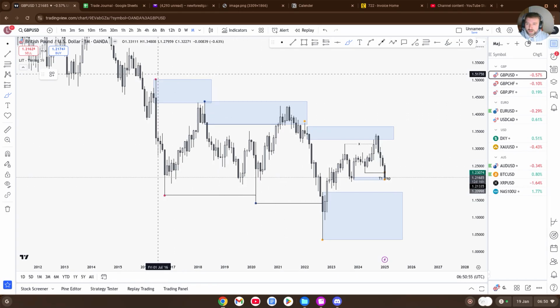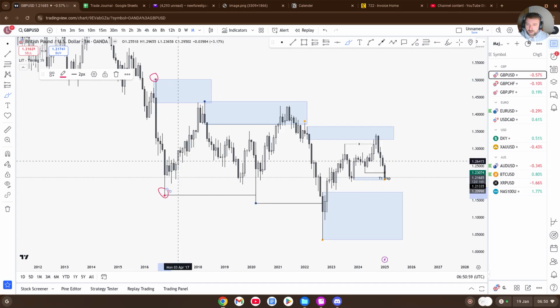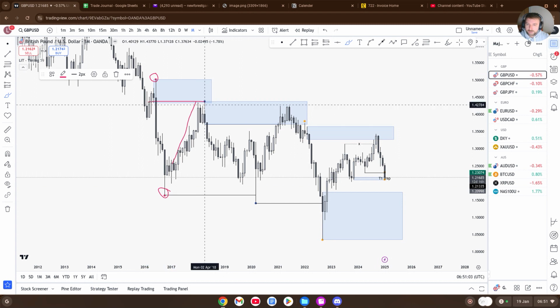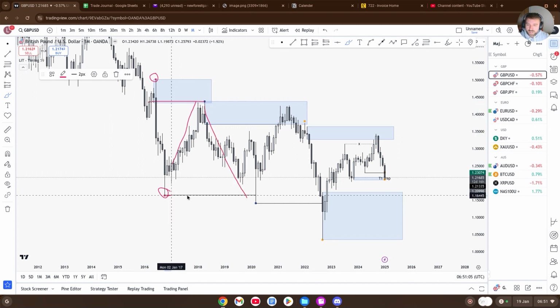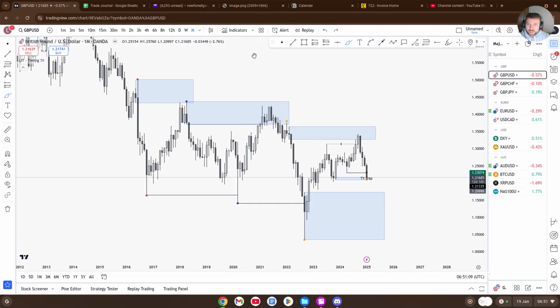So we had a range from this high to this low, and price has come up, mitigated this block, and then we've pushed down and taken external range liquidity. So now the range is from this high, because this is a run of liquidity, and then a break of structure here, and then price pushed down and we've run this liquidity here, and then we've pushed up and broke structure.